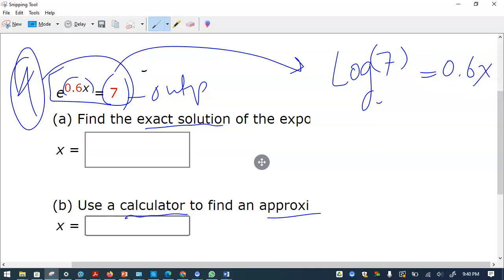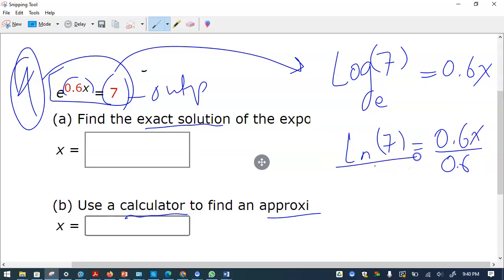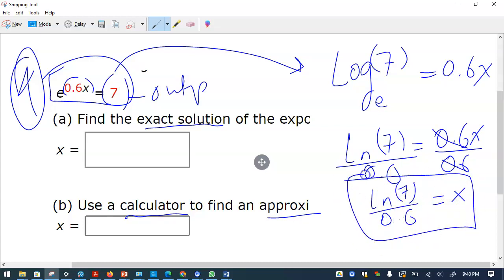And the base is e. Instead of log to the base e, we can just write ln of 7 equals 0.6x, and then divide by 0.6. This crosses out, and we get x equals ln of 7 over 0.6. So this is the exact solution.